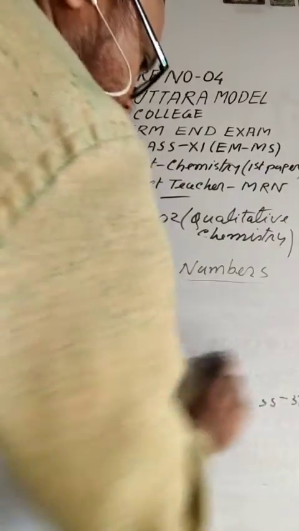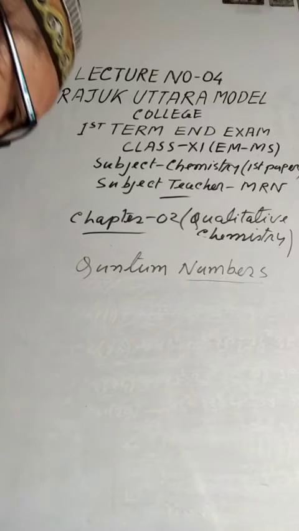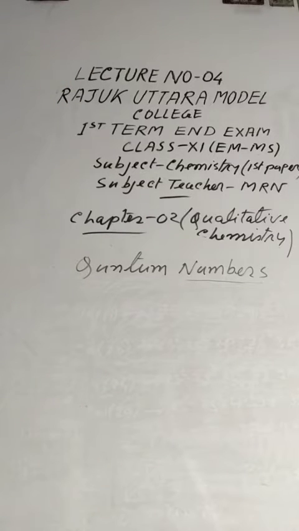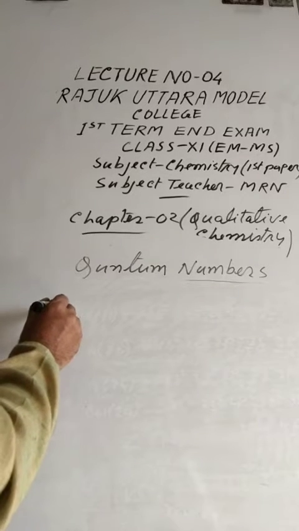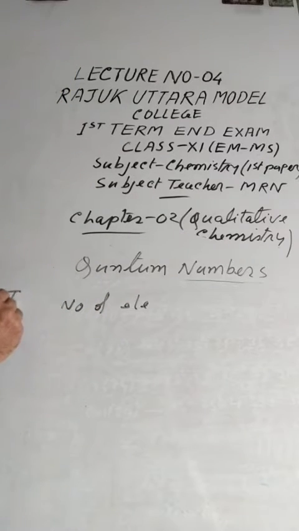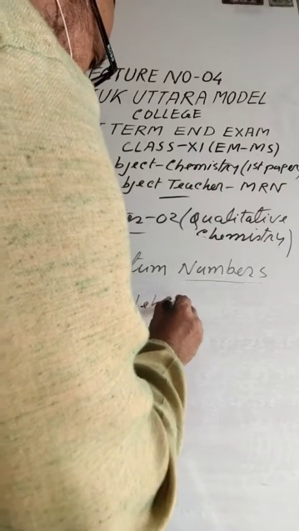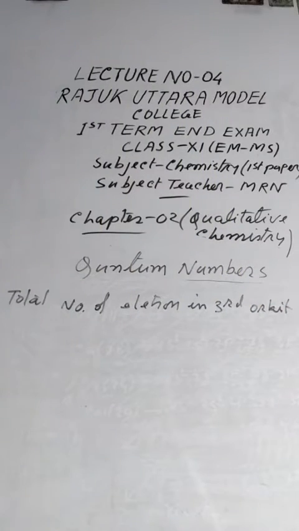Okay, now the next one: on the basis of quantum numbers, the total number of electrons in a certain orbit, let us say the third orbit, according to quantum numbers.